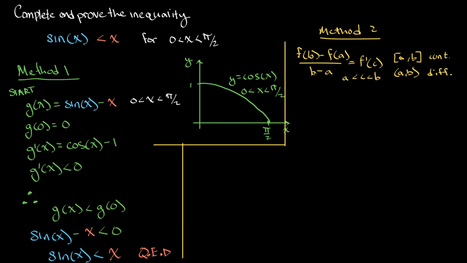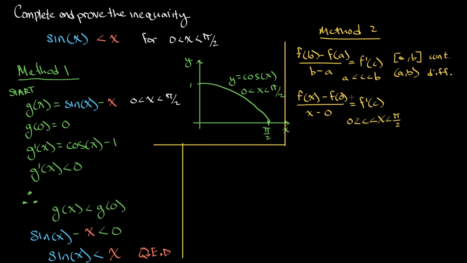But now I want to rewrite it as this. Say that f of x minus f of 0 over x minus 0 is equal to f prime of c. And I'm saying that c is going to be between 0 and x, which is going to be less than pi over 2.